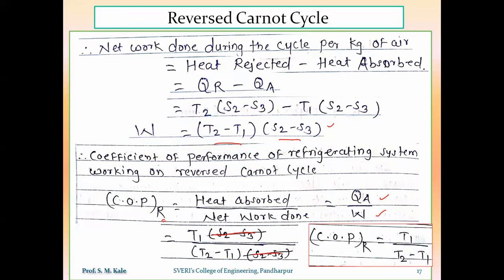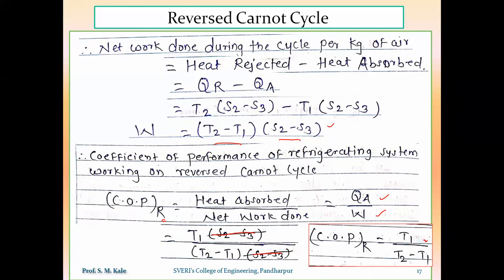Finally, I get the formula for COP of the refrigeration system using the reverse Carnot cycle: T1 divided by (T2 minus T1).